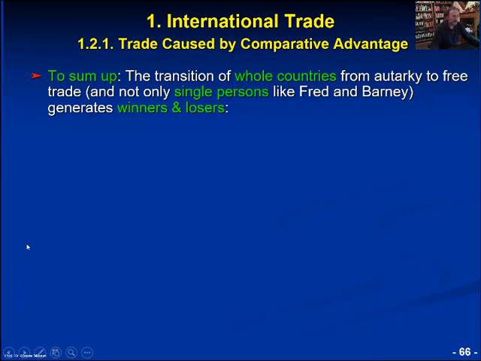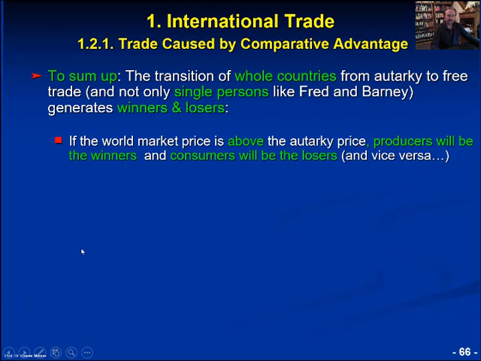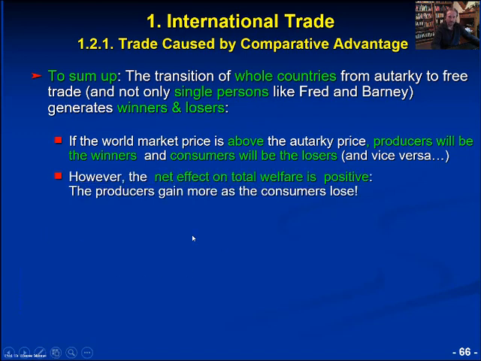To sum up, the transition of a whole country from autarky to free trade generates winners and losers. If the world market price is above the autarky price, producers will be the winners and consumers will be the losers.